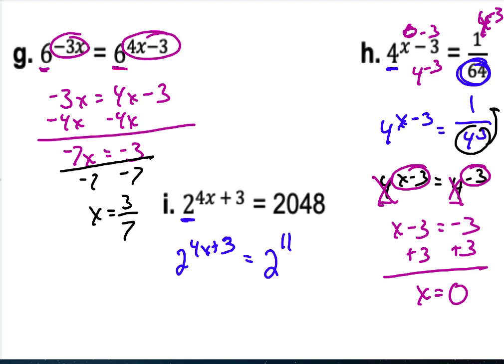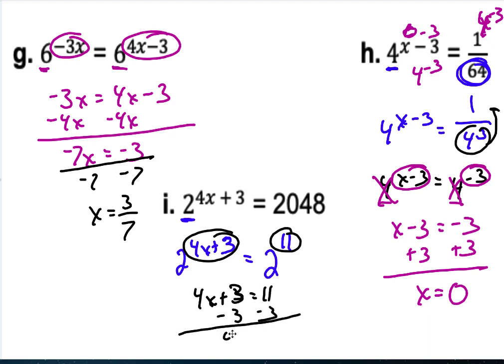So we just try a couple until we find one that works. Now I set my exponents equal. 4x plus 3 is equal to 11. I get 4x is equal to 8. Divide by 4. And I get x is equal to 2. Which makes sense. If I plugged in 2, I would do 4 times 2 is 8. Plus 3 is 11. And that's what I wanted to get, 2 to the 11th power.